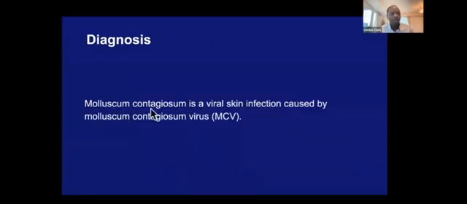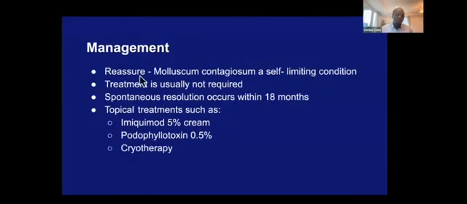Diagnosis, explain. Remember, in this particular case it was a telephone call, so you're going to find the picture in the station. Explain that Molluscum contagiosum is a viral infection caused by the Molluscum contagiosum virus. Reassure it is a self-limiting condition. Treatment is usually not needed. Spontaneous resolution is expected within 18 months on its own.